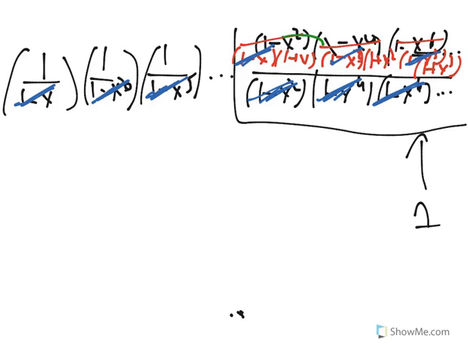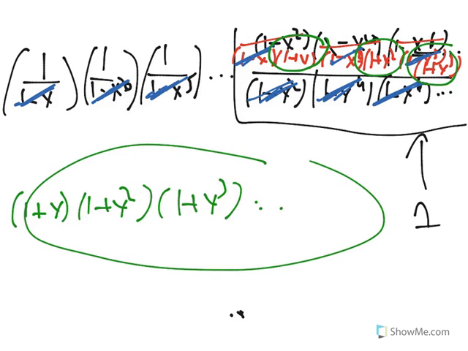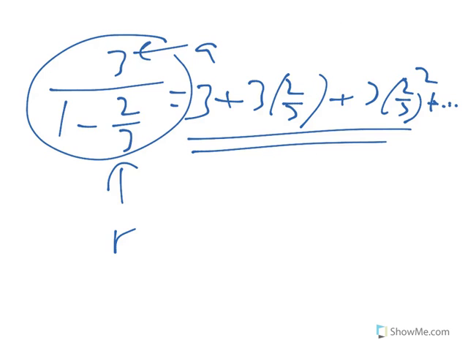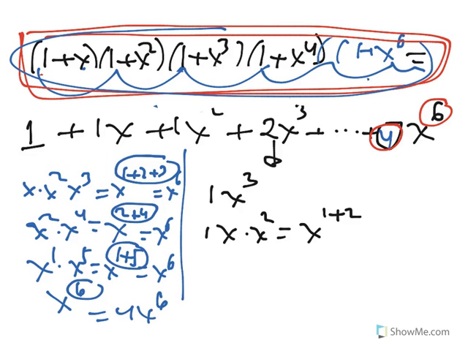And there's not much left that remains, just this, this, this: 1 plus x, 1 plus x squared, 1 plus x to the 3rd, dot, dot, dot. Well, this thing is actually equal to this guy.